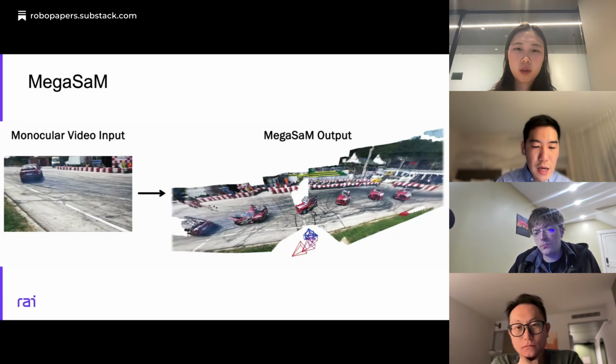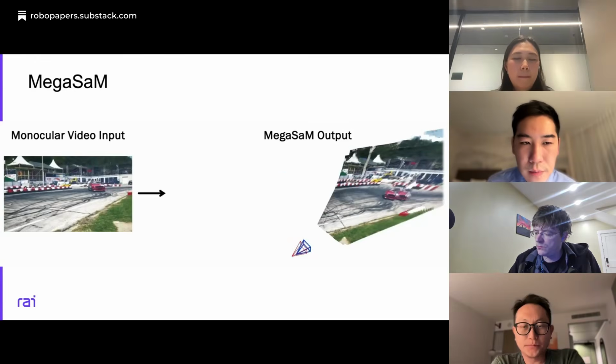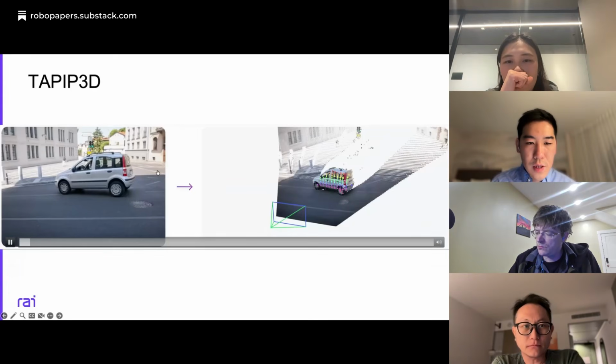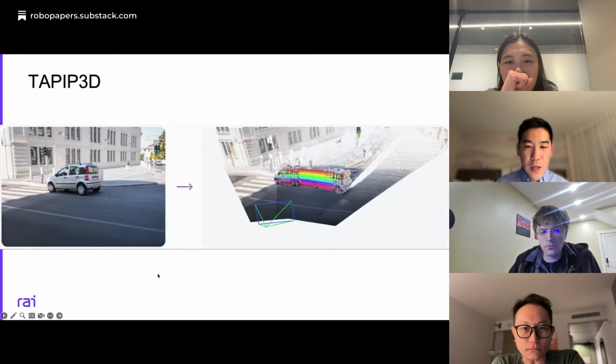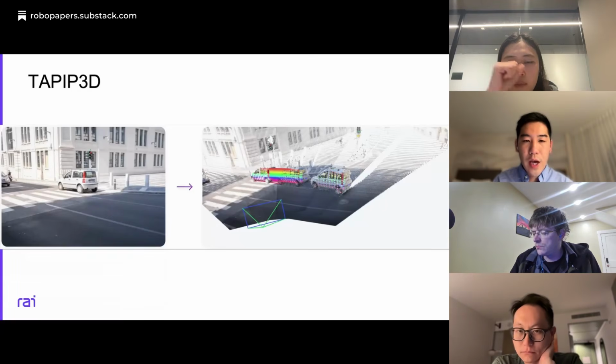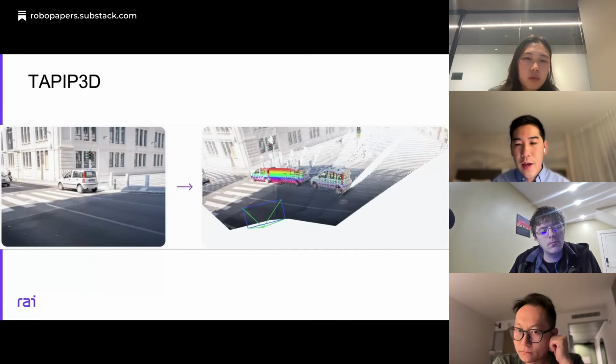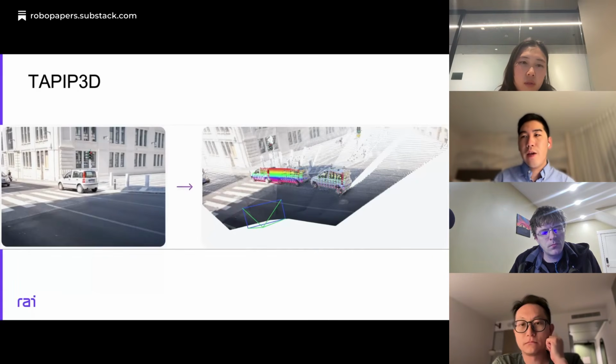And MegaSam works pretty well because they have a consistent video depth optimization step, which makes the video frames very coherent. And we use another model, which is TAPIP 3D. TAPIP 3D is further extending MegaSam, which assumes that we have an estimated camera motion from somewhere, for example, MegaSam, and we have an estimated video depth.